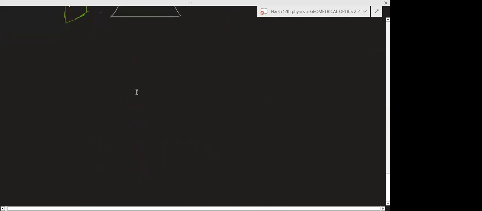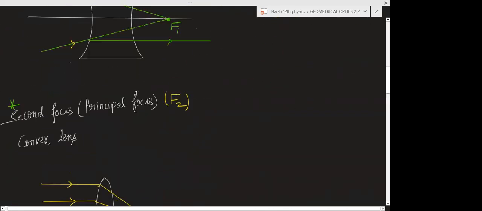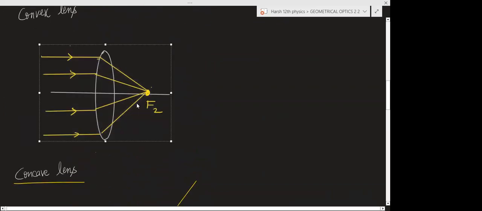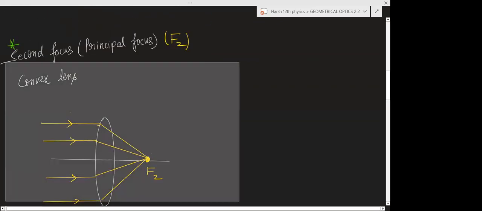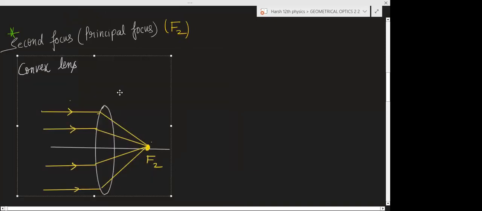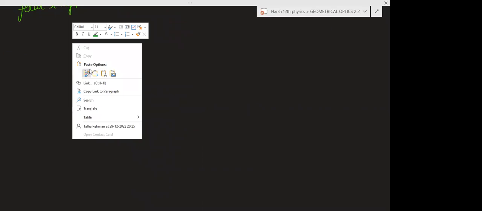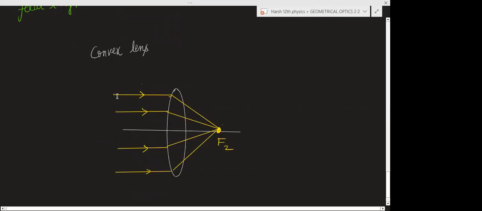So focal length. This is a convex lens, and these are the rays, and this is the focus.